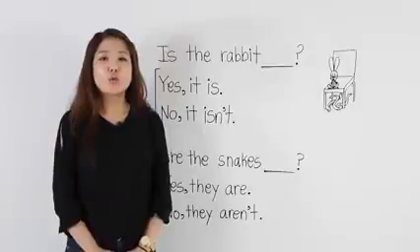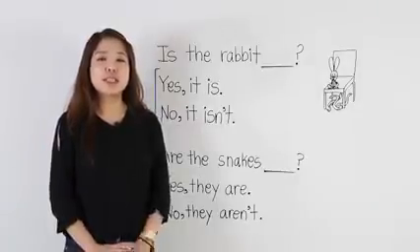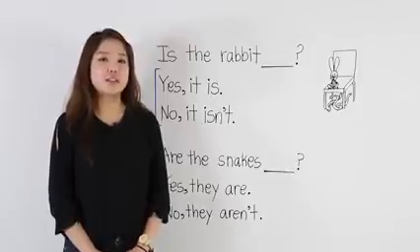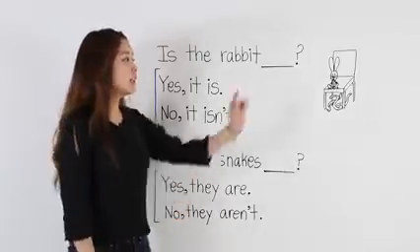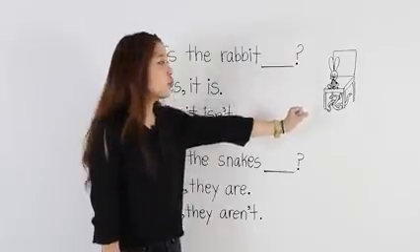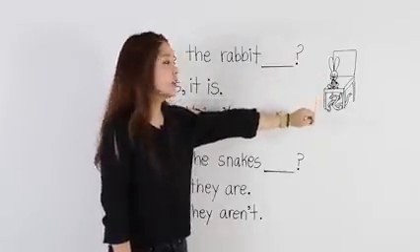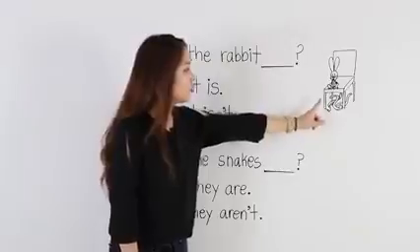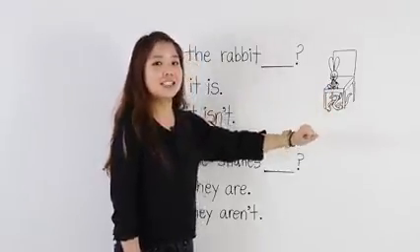Okay, now we're going to practice asking and answering questions using in, on, and under. First, let's take a look at this picture. Here we have a rabbit, a chair, and 1, 2, 3 snakes.